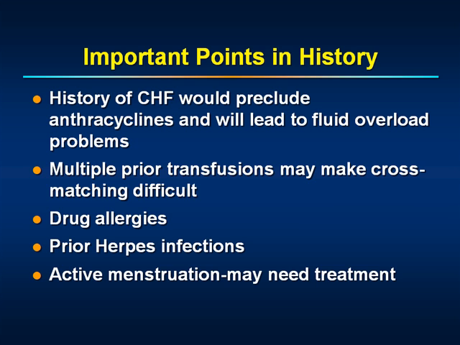Multiple prior transfusions may make cross-matching difficult. Drug allergies are important, and you often will see an allergy to allopurinol present during induction. Prior herpes infections and active menstruation may be a problem, and it may need treatment to stop menstruation.